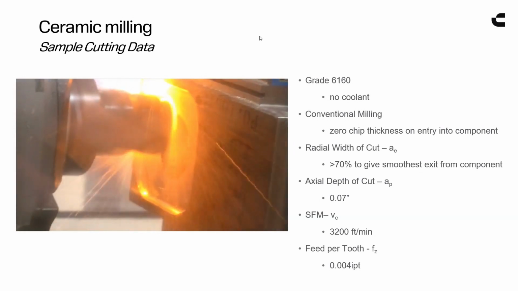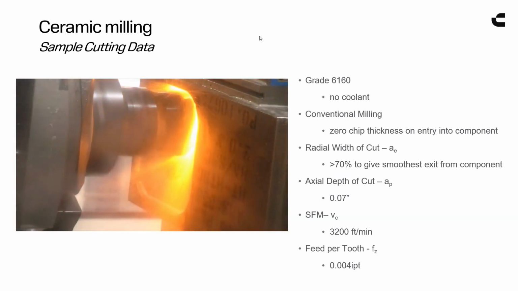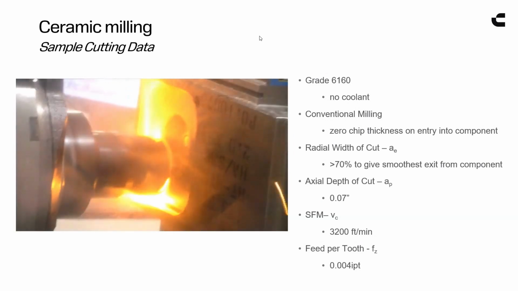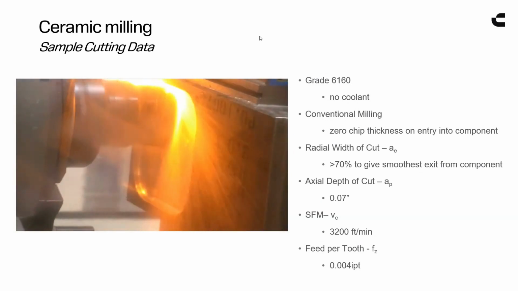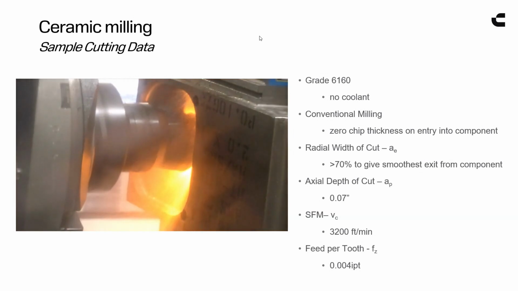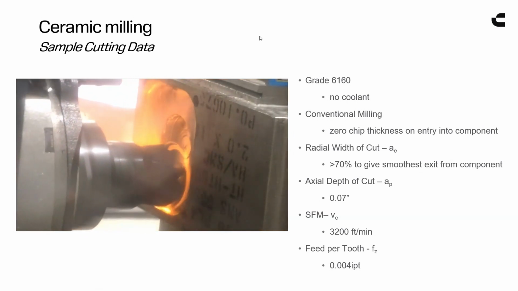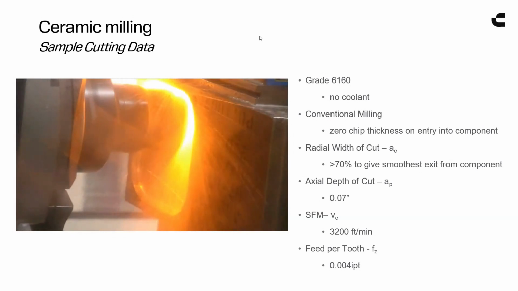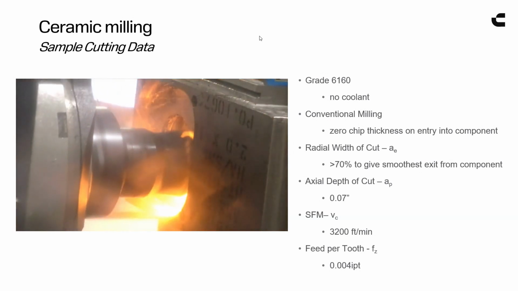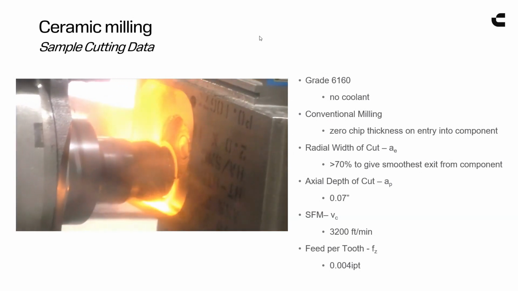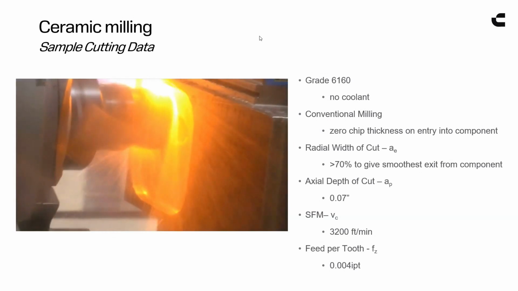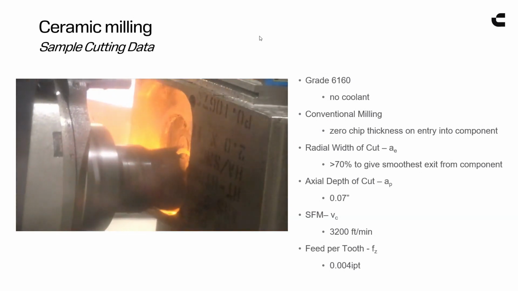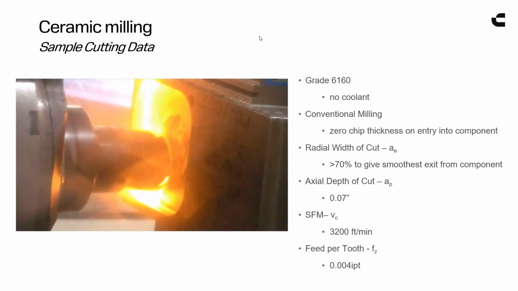Here in this example, you can see we're going 3,200 surface foot, 4 thou per tooth. And many times the inserts are negative inserts, so they're two-sided. So you can get a number of indexes, usually about 4 indexes, if not 6 indexes out of each insert. So again, very economical. So as this pertains to 5-axis machining and milling, we typically do it a lot on pockets and such, like you see here.